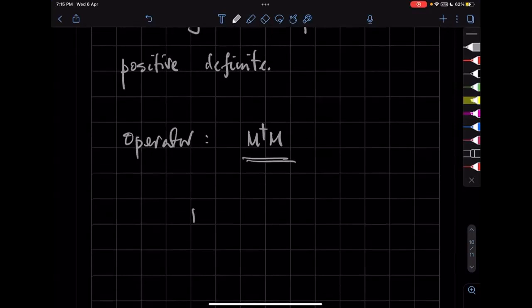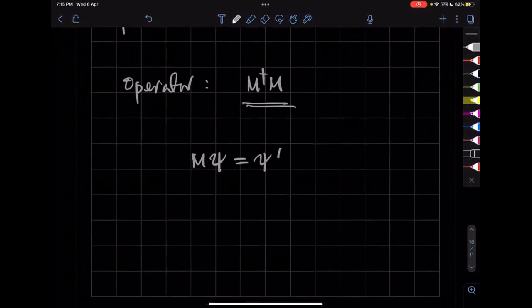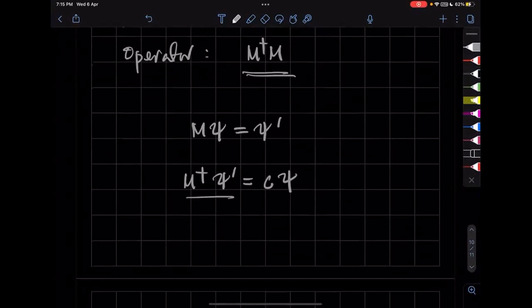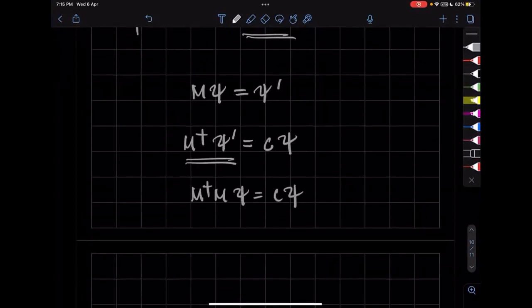So now suppose that M acts on some vector psi and gives you another vector, psi prime. And then M dagger acting on psi prime gives you back the original vector up to C, right? So if I write this out, then I get M dagger M acting on psi gives me C of psi, right? In other words, this is an eigenvalue equation. Give me just 1 second, just 1 second.